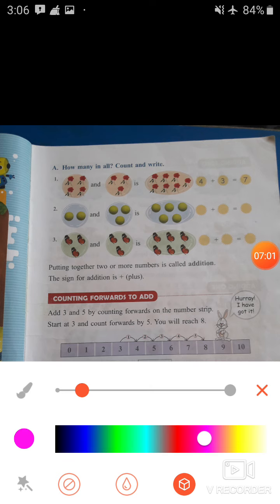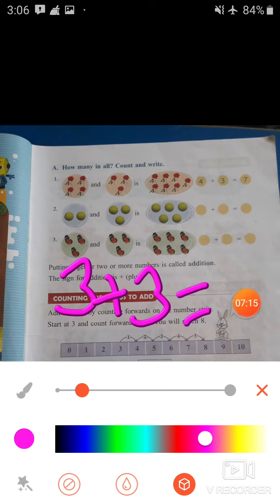Now in the next, how many butterflies are there? In the first there are 3 butterflies, and in the second there are also 3 butterflies. So 3 plus 3 is equal to 6, 1, 2, 3, 4, 5 and 6. You have to write it in the given circle.